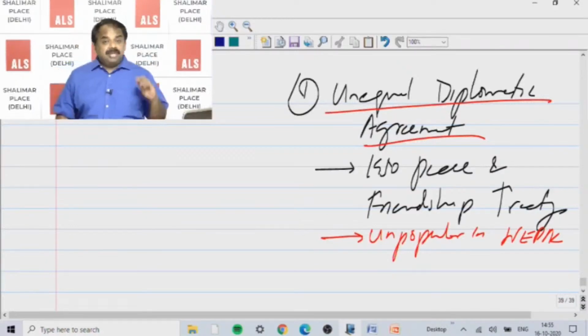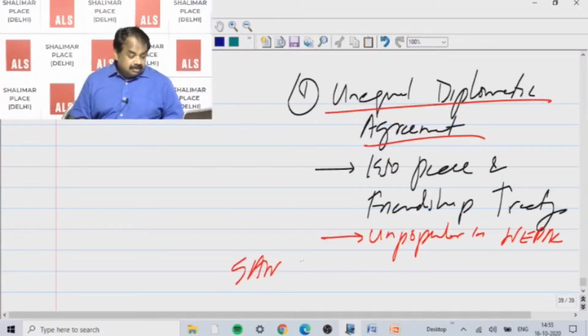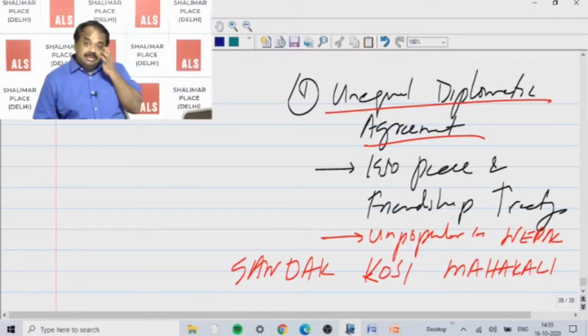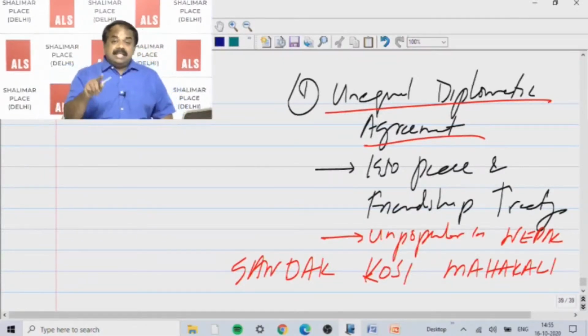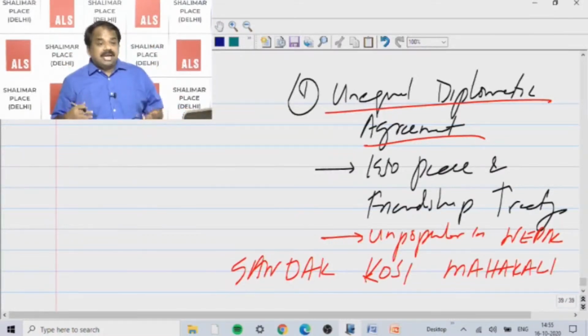And also, the Nepali perception is that our river water agreements like Gandak, Koshi, Mahakali agreements are heavily in favor of India. That is the perception in Nepal. Whether it is actually in favor, time only will tell.